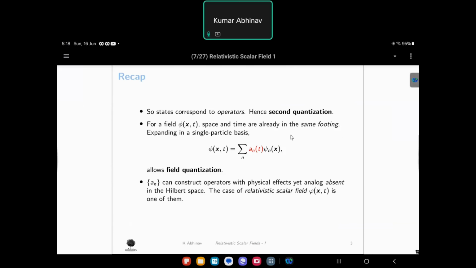that after these expansion coefficients ANs are quantized, we can construct operators in the new space. You can call it a Fock space, where all the effects that can be constructed in this Fock space may not have a counterpart in the Hilbert space.